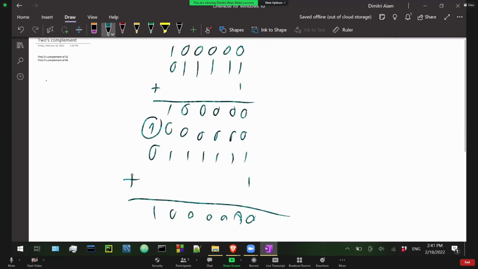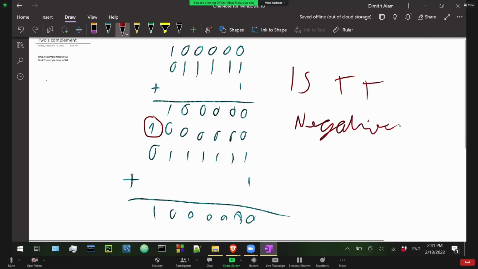This one number here is asking, is it negative? This number here is negative because it has a 1 over here. If this was a 0, this one over here, this is positive. Make sense? Yes, perfect.